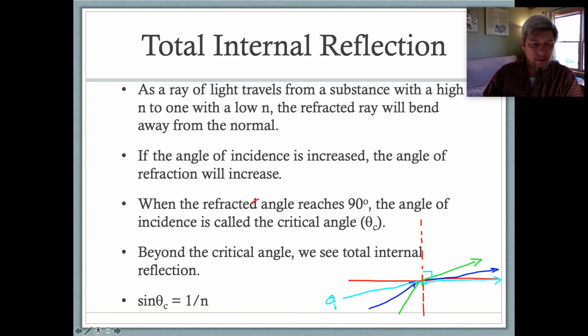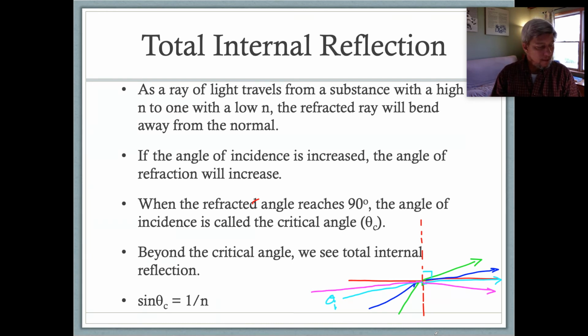But beyond the critical angle, and this is where it becomes important, you're going to end up with reflection as opposed to refraction. Okay, that formula that you see on the very, very bottom is the formula for calculating the value of the critical angle.